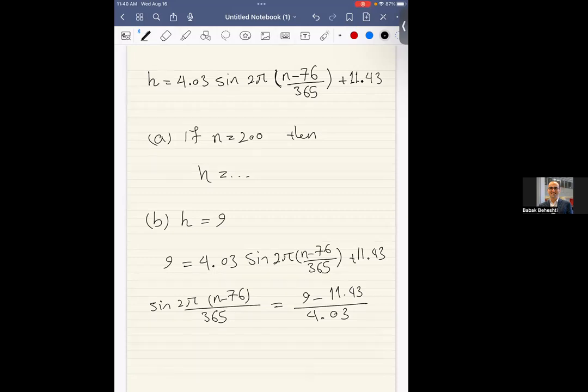So now what is sine inverse of this? Use your calculator to compute sine inverse of this. So that means 2 pi times n minus 76.